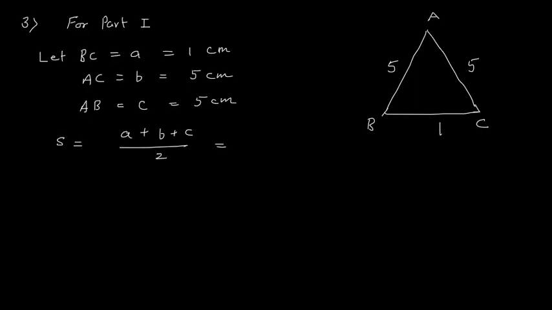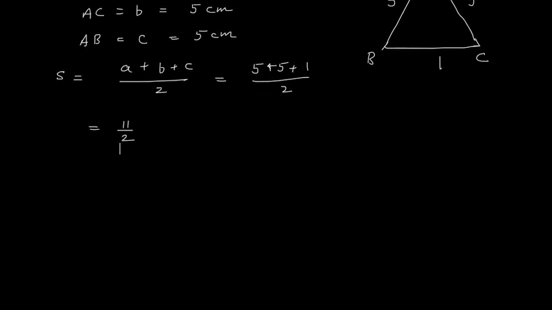This will give me answer as (5 plus 5 plus 1) whole divided by 2. So 5 plus 5, 10 plus 1, 11. This is 11 upon 2. This is the value of s.